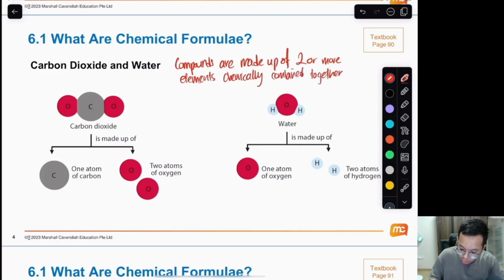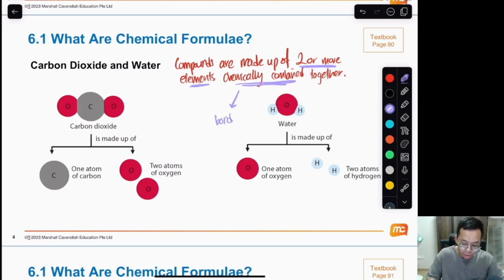In this case, the keyword is chemically combined together. It means there is a bond between them. The bond can come in the form of ionic bonds, covalent bonds, things like that.